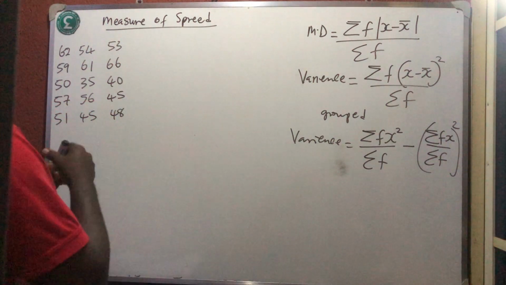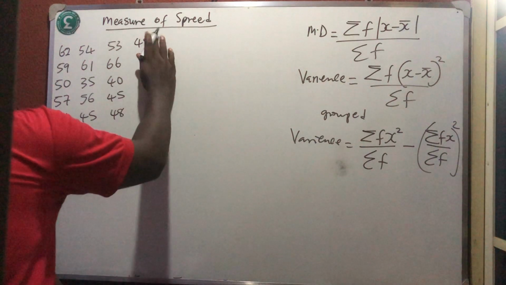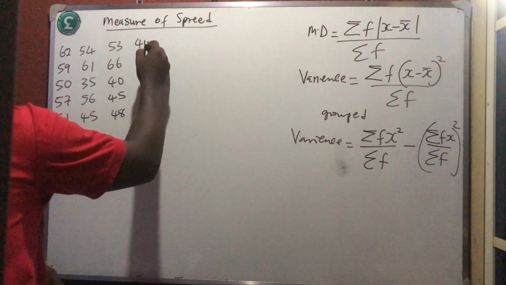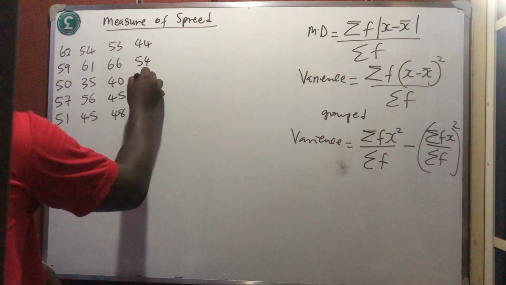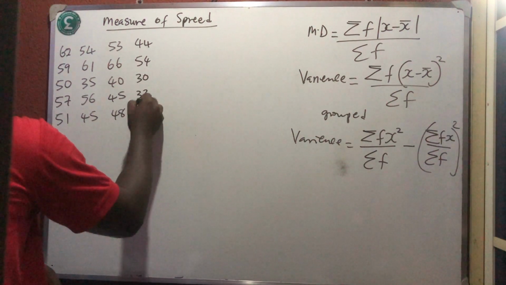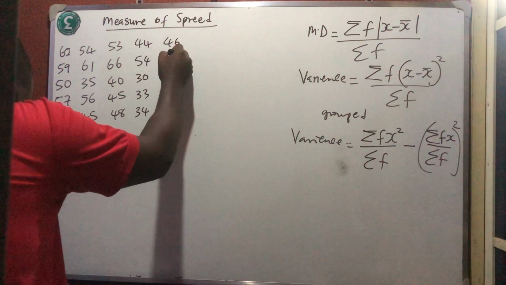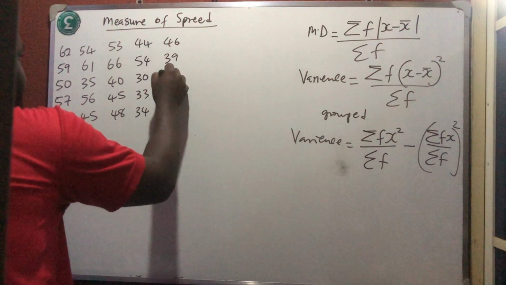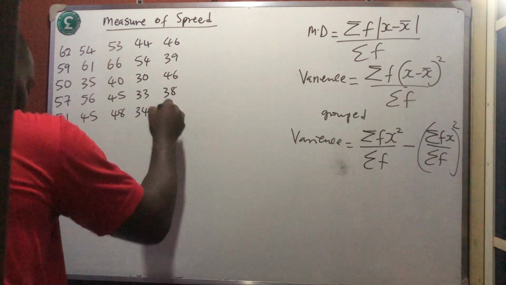Okay, they now gave 44, 54, 30, 33, 34. Okay, they gave 46, 39, 46, 38, 36.